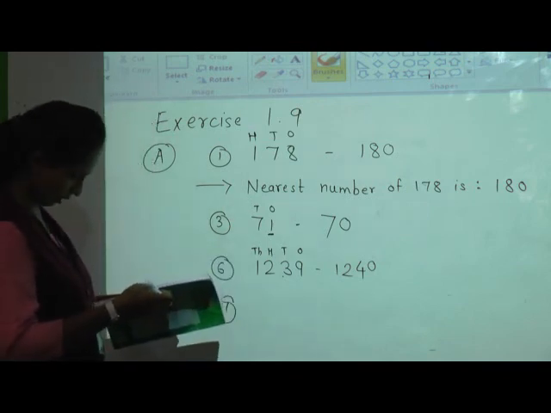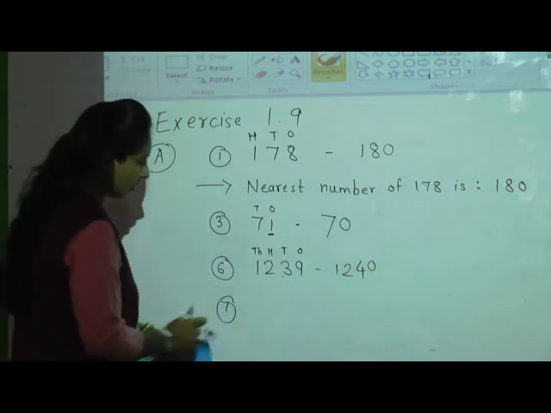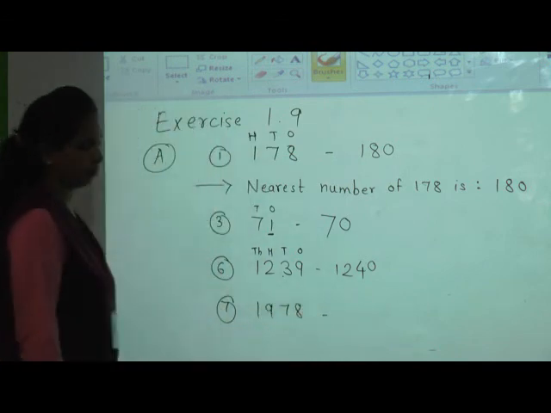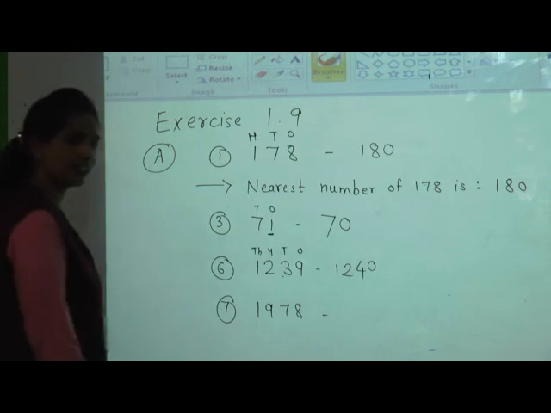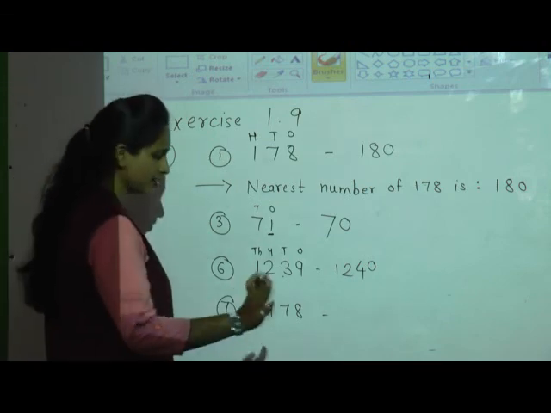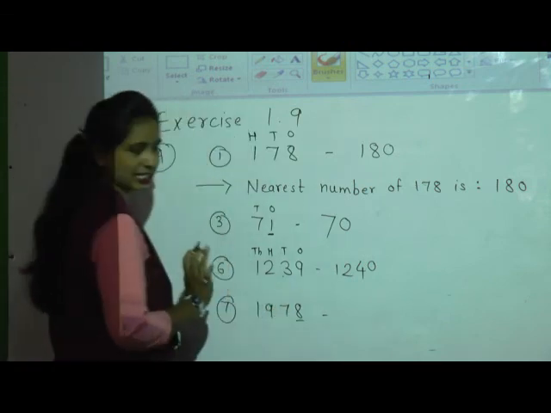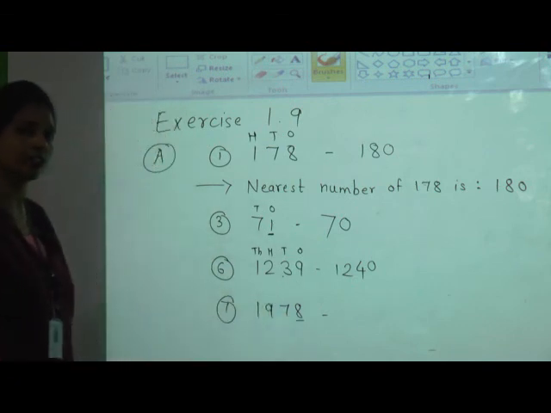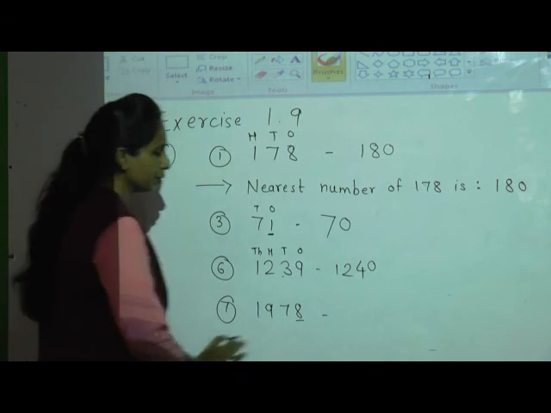That is the seventh one. 1978. Now see in this number, this question is about the nearest tens. So underline the ones place. Ones place 8 is there. It is more than 5. So what we have to do?